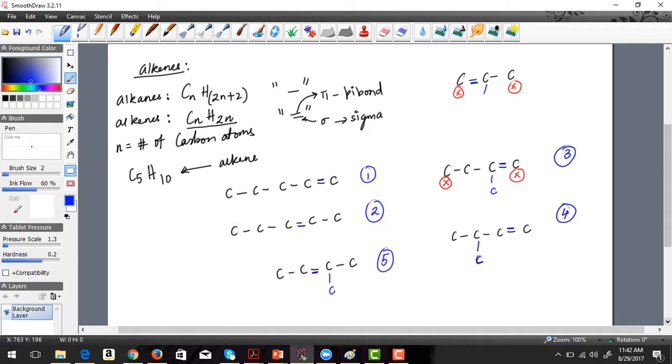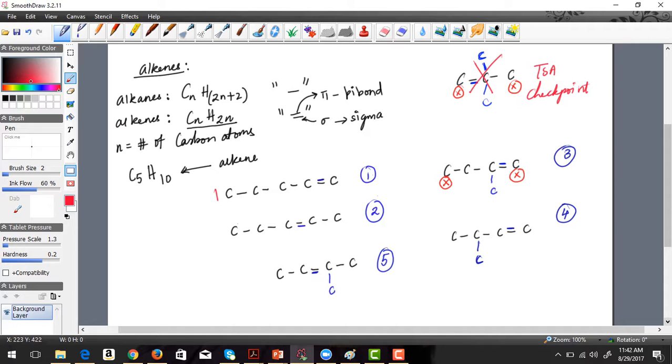We've got 2 more, and even if you put it here, this carbon now has 5 bonds, and that's not acceptable. So this is it, folks. This is your TSA checkpoint. A carbon with 5 bonds is not allowed, so for this particular alkene, these are all the possible isomers.